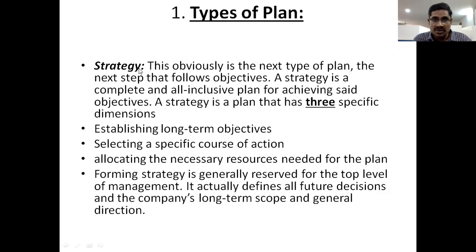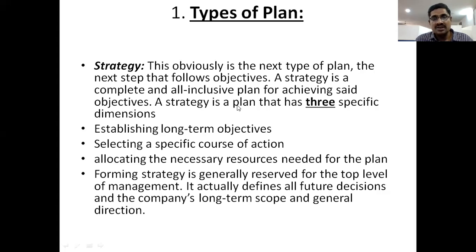The next is strategy, which I told you about in the first slide, right? Strategy means an excellent, superb long-term plan. Based upon these strategies, we can achieve the targets of our company.